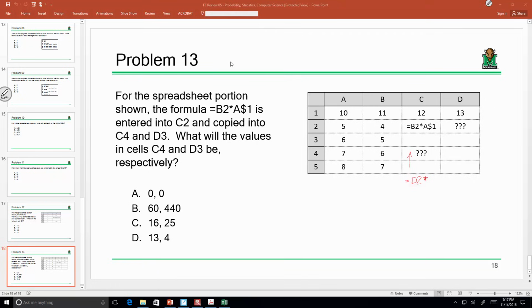If I copy this cell into here, B4, sorry, B4. B4 times what?